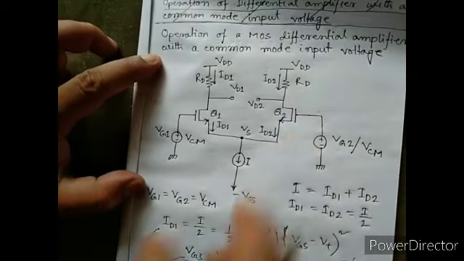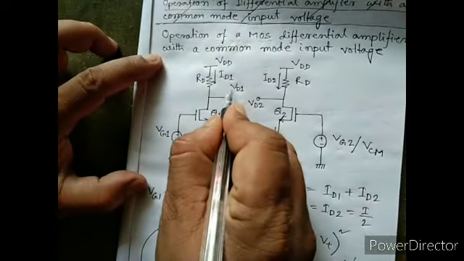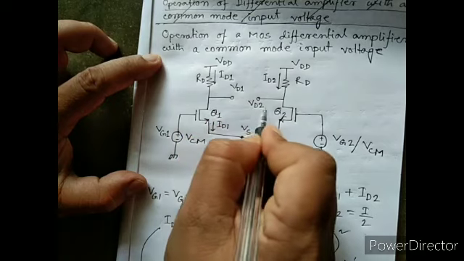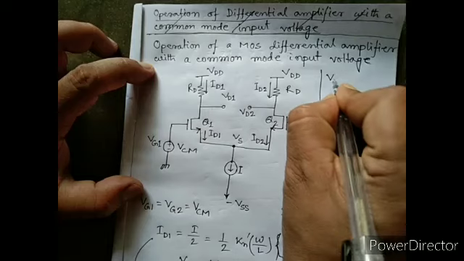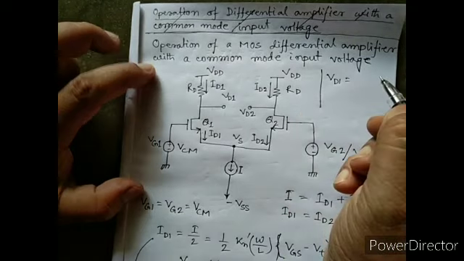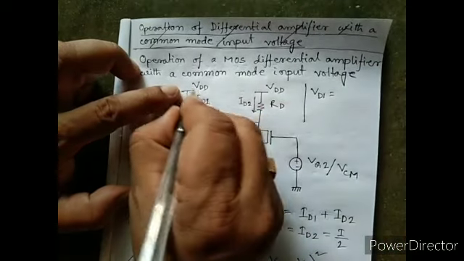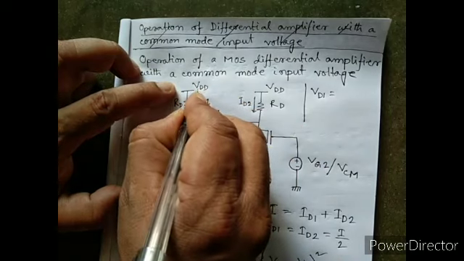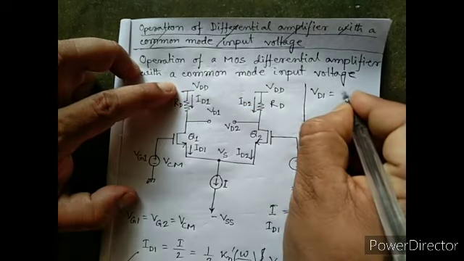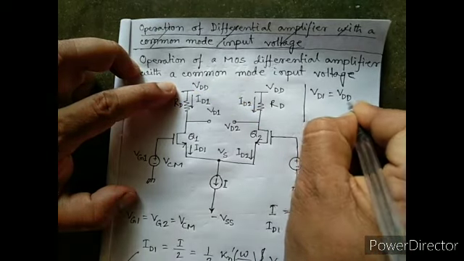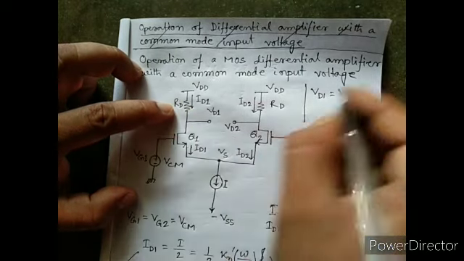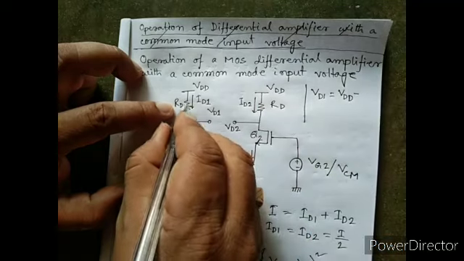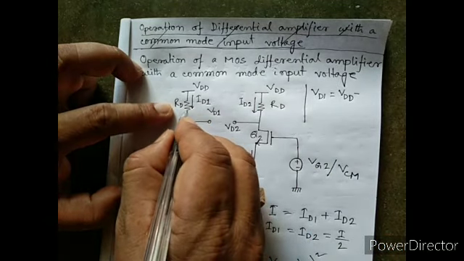Now if we want to find out the potentials VD1 and VD2, then VD1 equals, the supply is here, VDD minus the potential drop across this RD. How much current is passing through this RD?